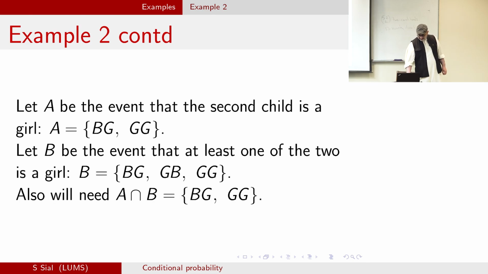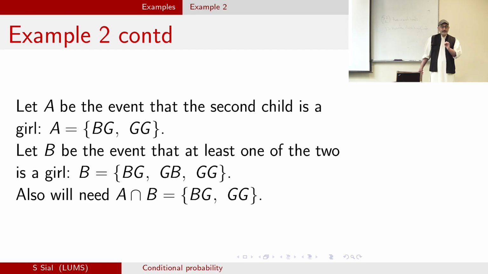Okay, let's continue with this. A is the event that the younger child is a girl. B is the event that at least one of the two children is a girl. Well, that's boy-girl, girl-boy, or girl-girl.